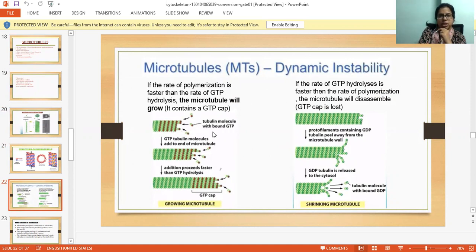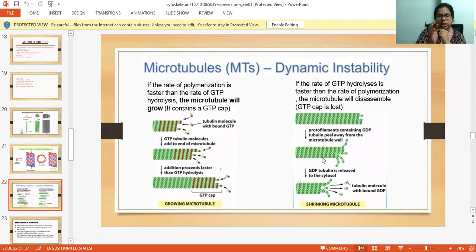Tubulin heterodimers will bind to GTP molecules, and GTP-tubulin molecules are added to the end of the microtubule, and addition proceeds faster than GTP hydrolysis. They create the GTP cap. If the rate of GTP hydrolysis is faster than the rate of polymerization, then the microtubule will disassemble, meaning the GTP cap is lost.